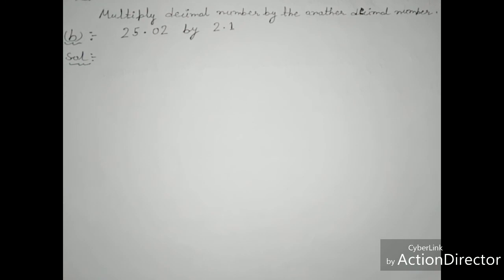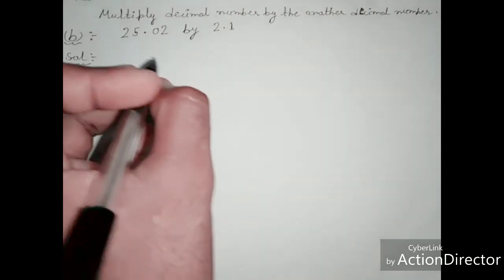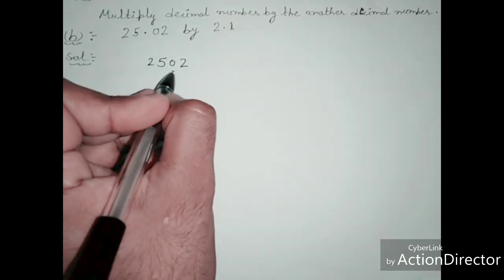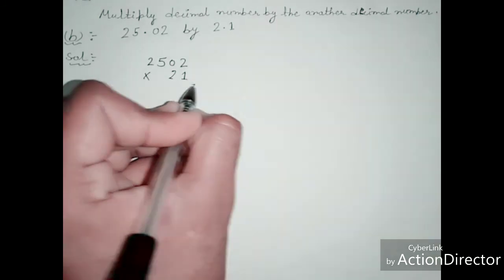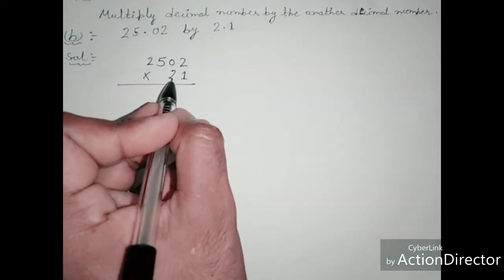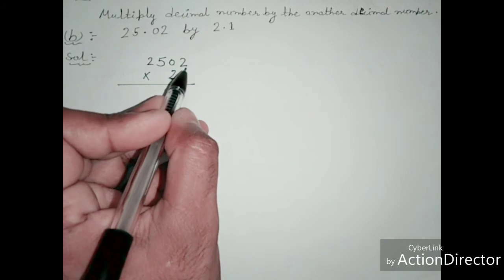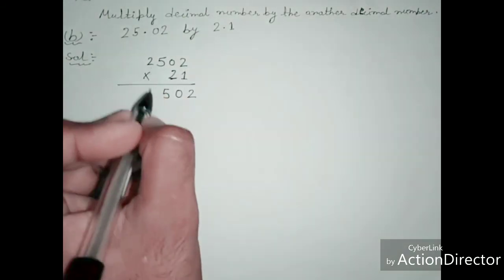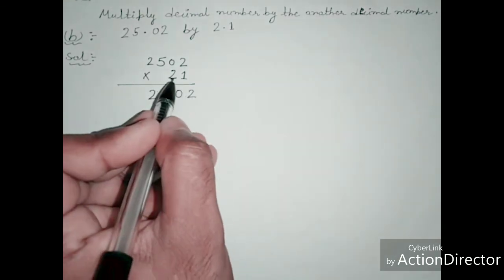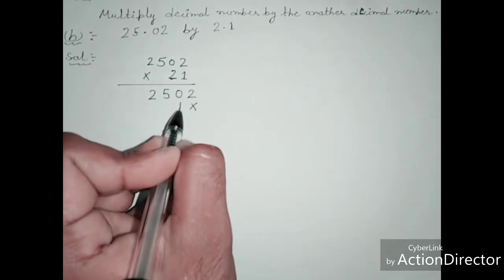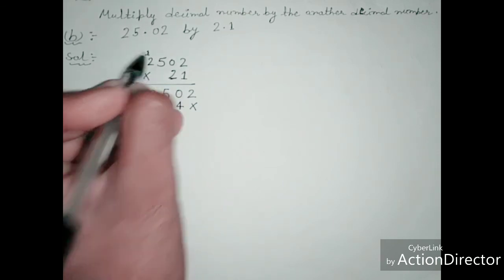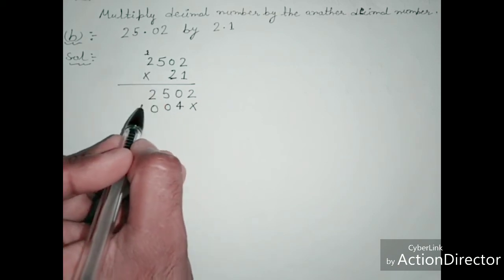Here first we multiply both numbers as whole numbers, and we remove the decimal from both numbers. 1 two is 2, 1 zero is 0, 1 five is 5, 1 two is 2, 2 twos are 4, 2 zeros are 0, 2 fives are 10, 1 carry here, 2 twos are 4 plus 1, 5.